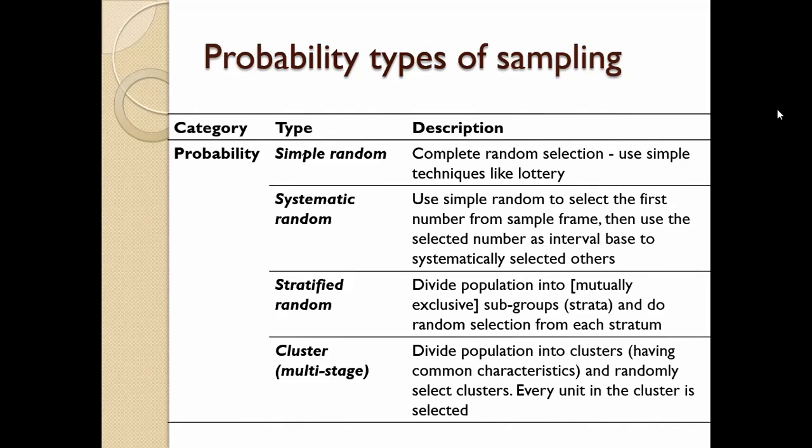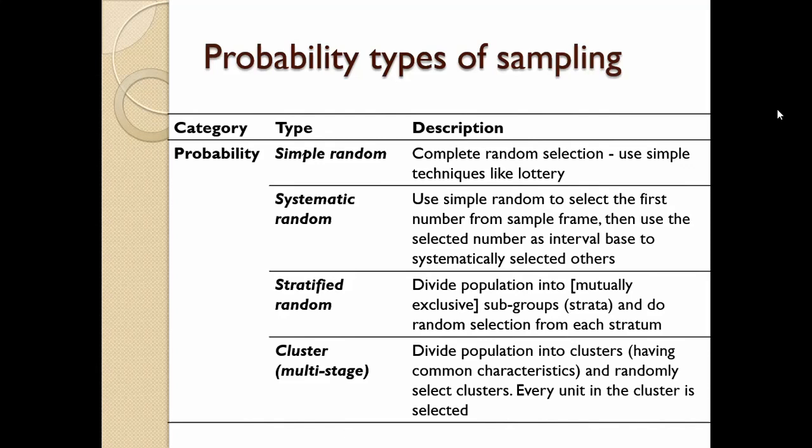Then you have cluster sampling, whereby you have, let's say, within a country, a large population. Take an example, you want to study a certain teaching method within schools, and there are many schools scattered within a country or a certain region or a district.